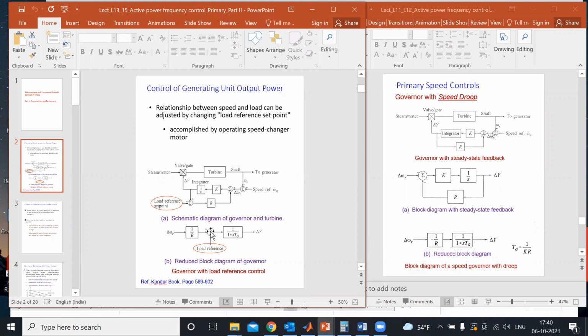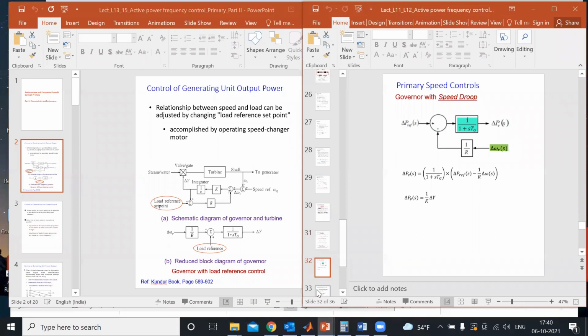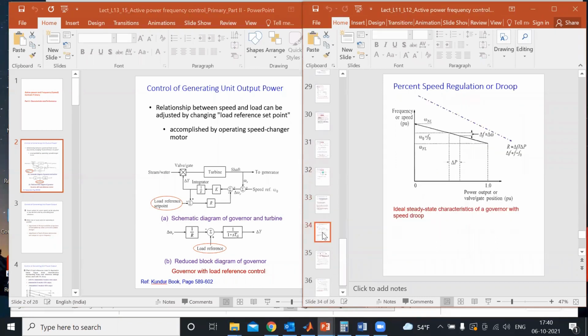So if you remember, we had the droop defined here. That was the R, that is delta F by delta P here. So this one, the load reference, is the delta P. You can say how much change in the power you apply.